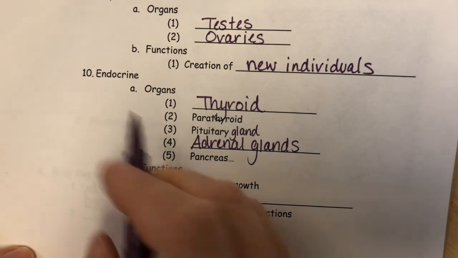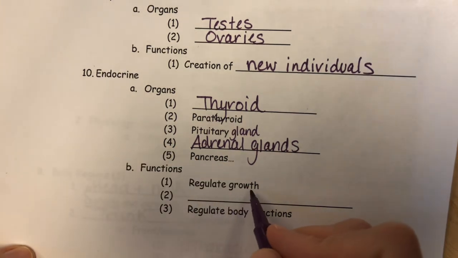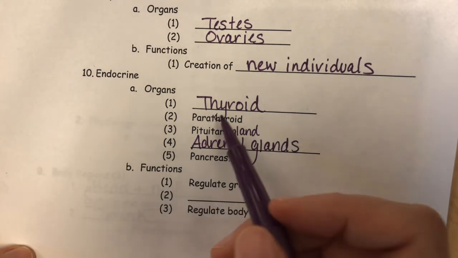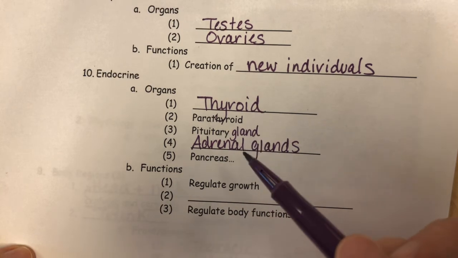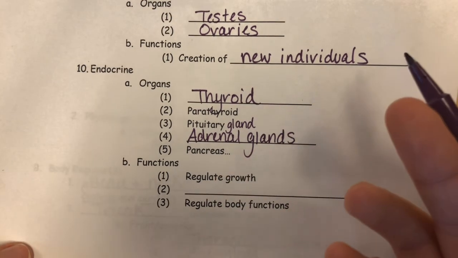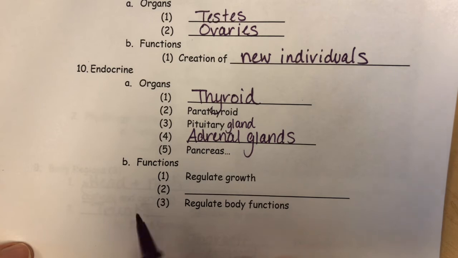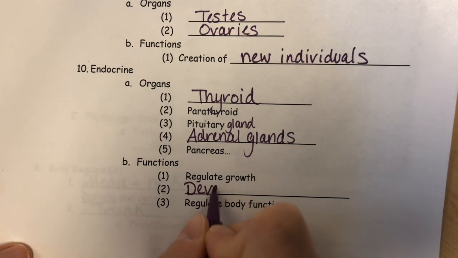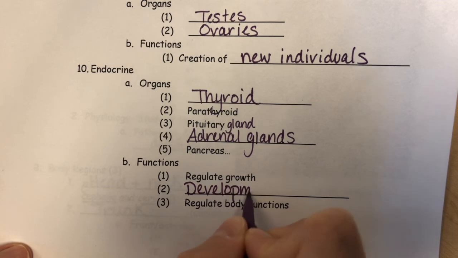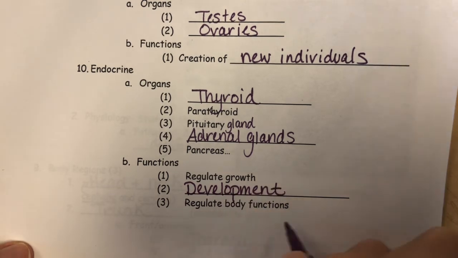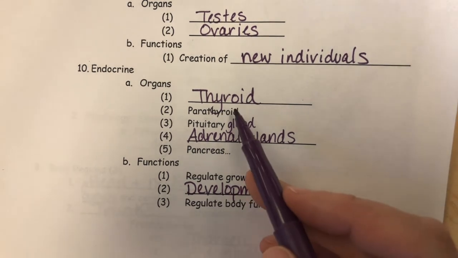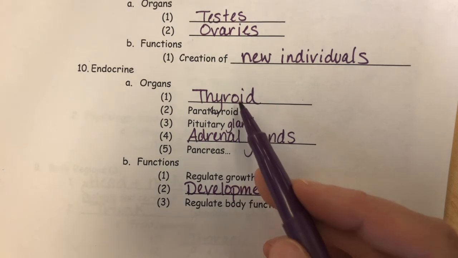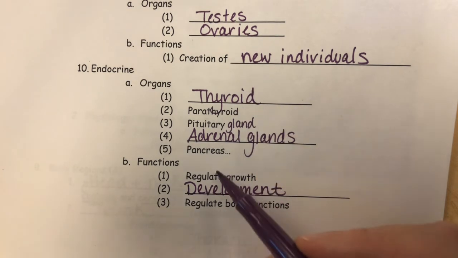All right, so the function of your endocrine system is to regulate growth. Like you produce something called human growth hormone that helps you to grow taller and to grow properly. Development and just to regulate body functions, like your thyroid can regulate body temperature and so on.